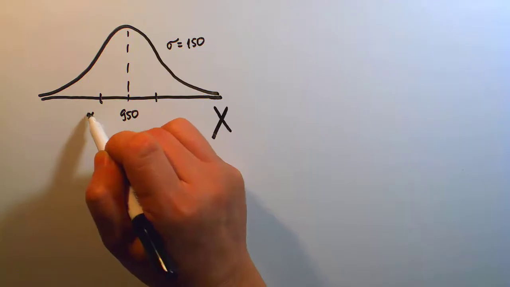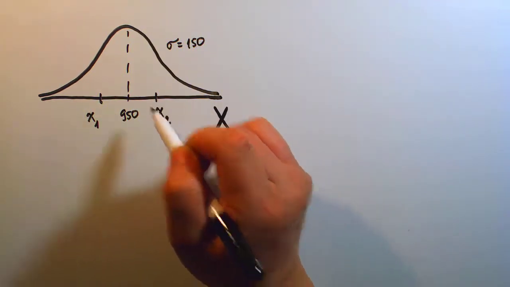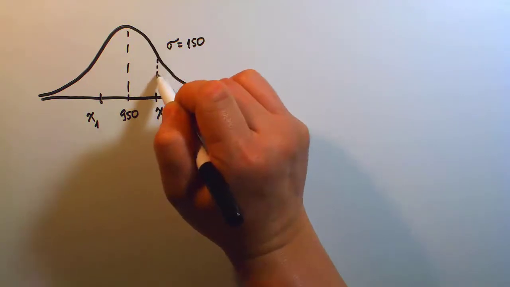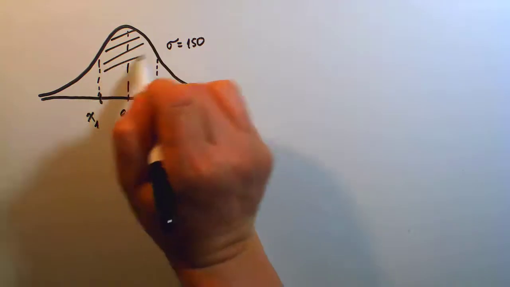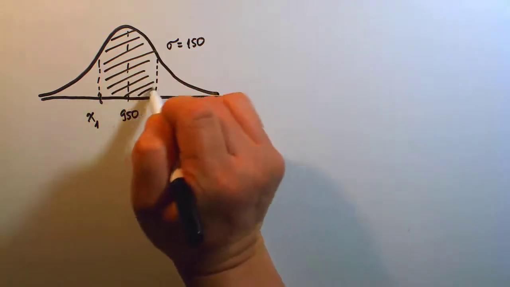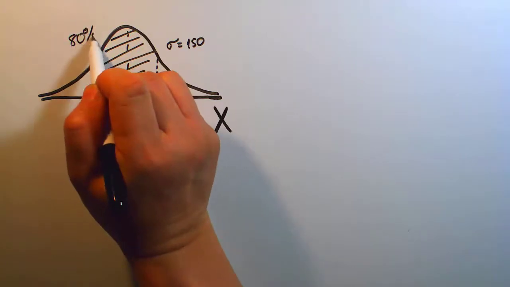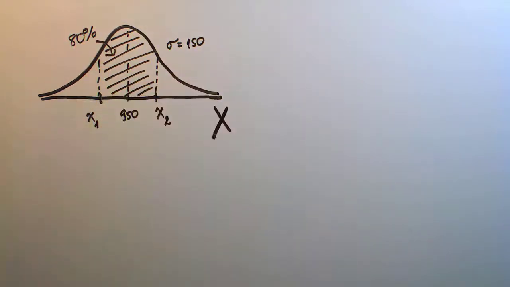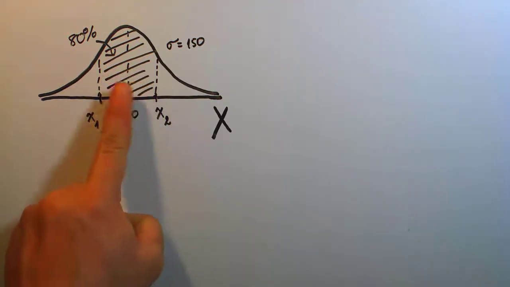One of them on the left side we call X1, and there will be another one, X2, such that shading the area between those two cutoffs will produce 80% of the area on the bell curve, as required. And so that's what it's called, the middle 80%.